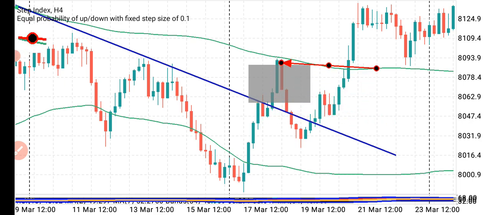Price breaks out of this particular trend line, and looking at the breakout of this price, you can easily assume that price is moving to the upside, and then suddenly the price returns back inside. So this is a typical scenario of a fake out.